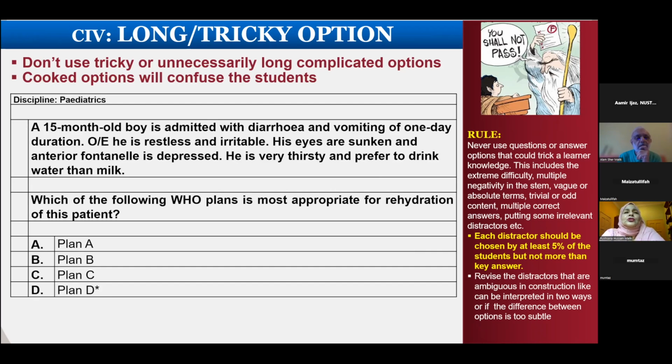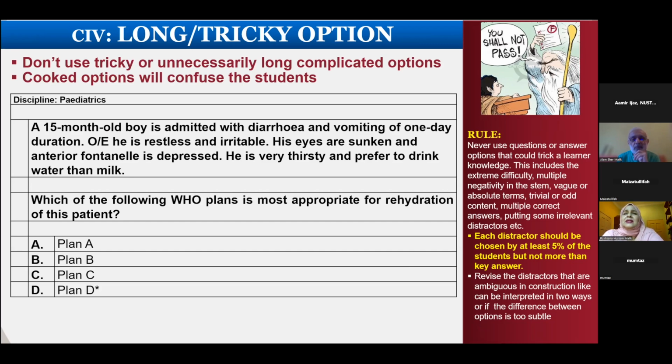This will confuse not the bad students, but those students who are among the class screen, who know everything. It will confuse them. That probably they have missed some new investigation, some new plan which has emerged, and that is why it is coming.